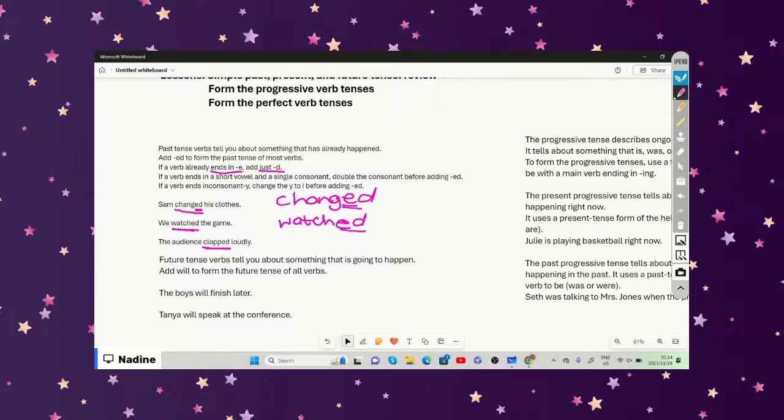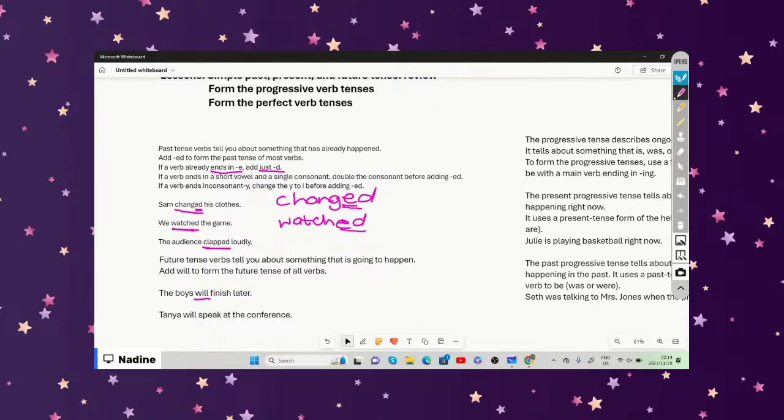If we look at the first example, it says, the boys will finish later. They're not done yet, but they will finish later. It's like saying, give them a break now, they will finish later.